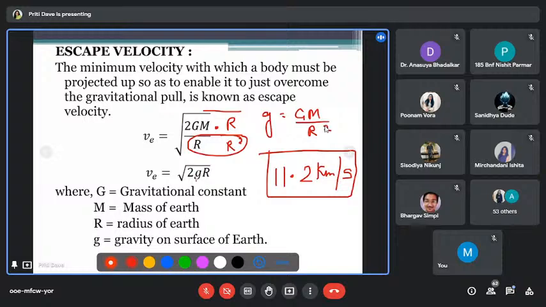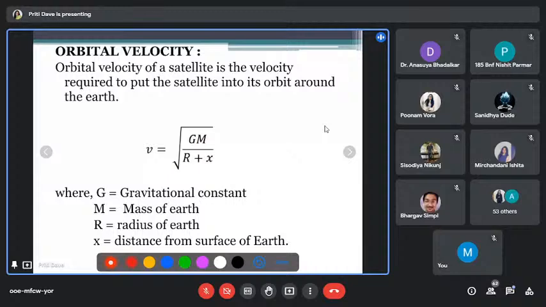So, another thing is orbital velocity. What do we mean by orbital velocity? Now, I am sure now with so much of exposure of Chandrayaan 2, and we had Chandrayaan 1, and we had Mission Mangal with the films that we have and all of that, we are all aware that India is one of the leading countries to send satellites to space.